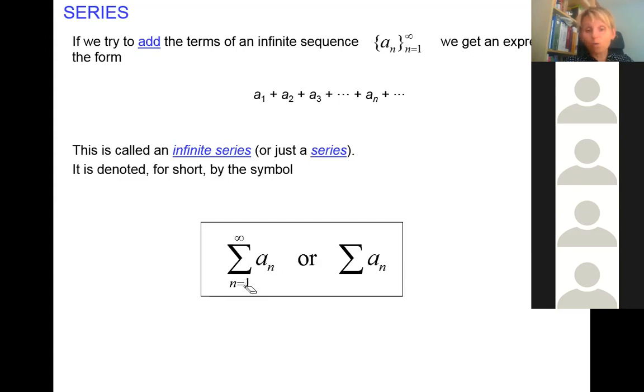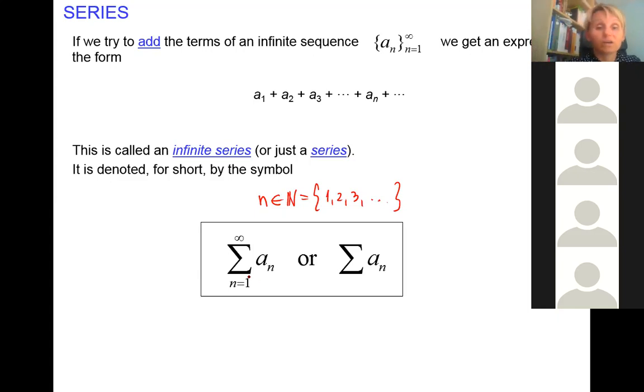Underneath the sigma, we have the beginning, the initial value. This means that I have to go from 1 to infinity, and n always means the positive integers, the natural numbers. That means n is like a counting number: 1, 2, 3, and so on.